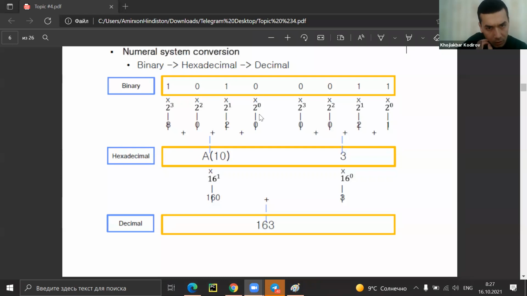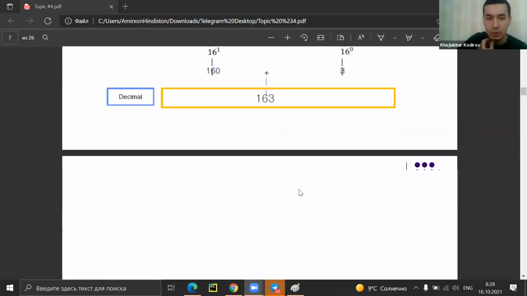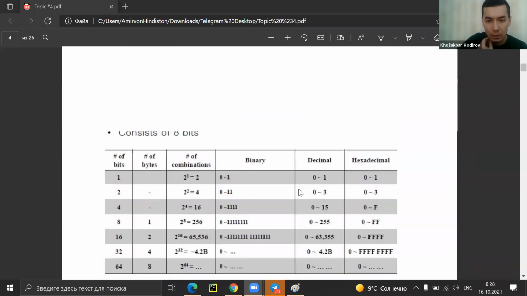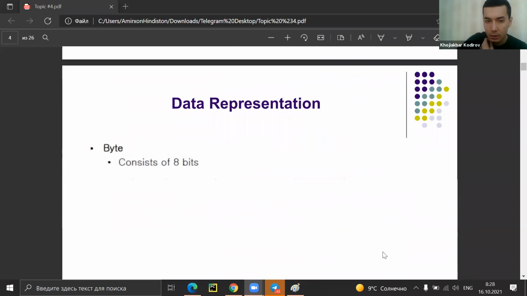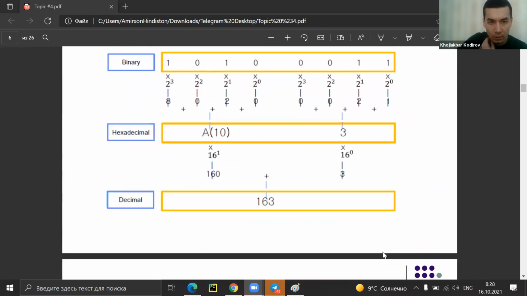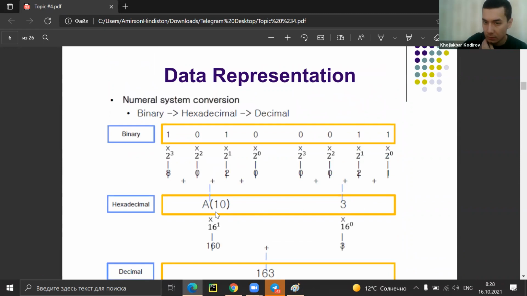What is this number? 1010. The first one is 2 to the power 0, 2 to the power 1, 2 to the power 2, 2 to the power 3. When I get the sum of it, I get the number 10. 10 in hexadecimal, as I mentioned here, is A. Here it is represented as A.